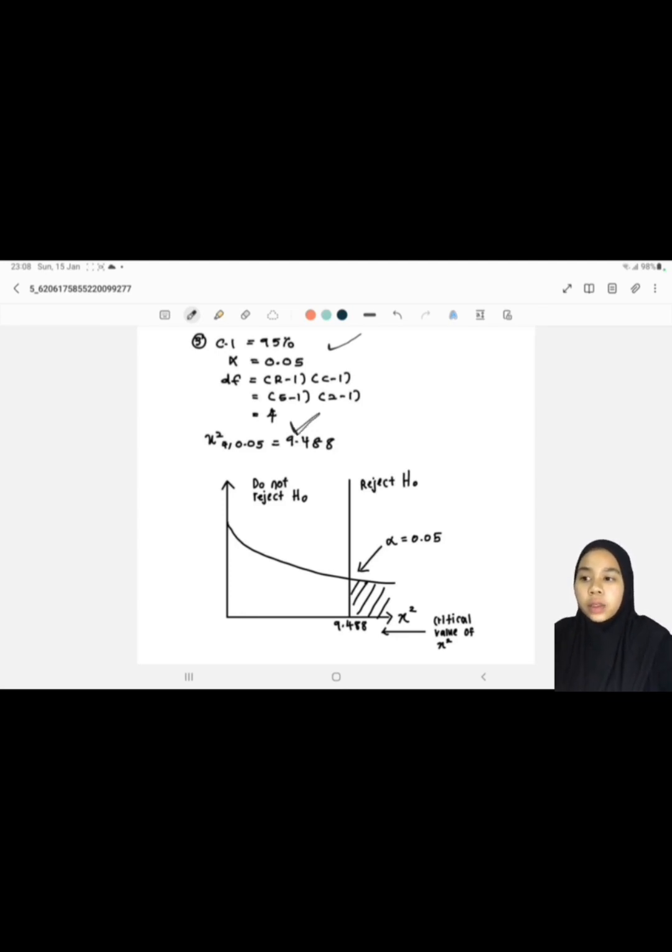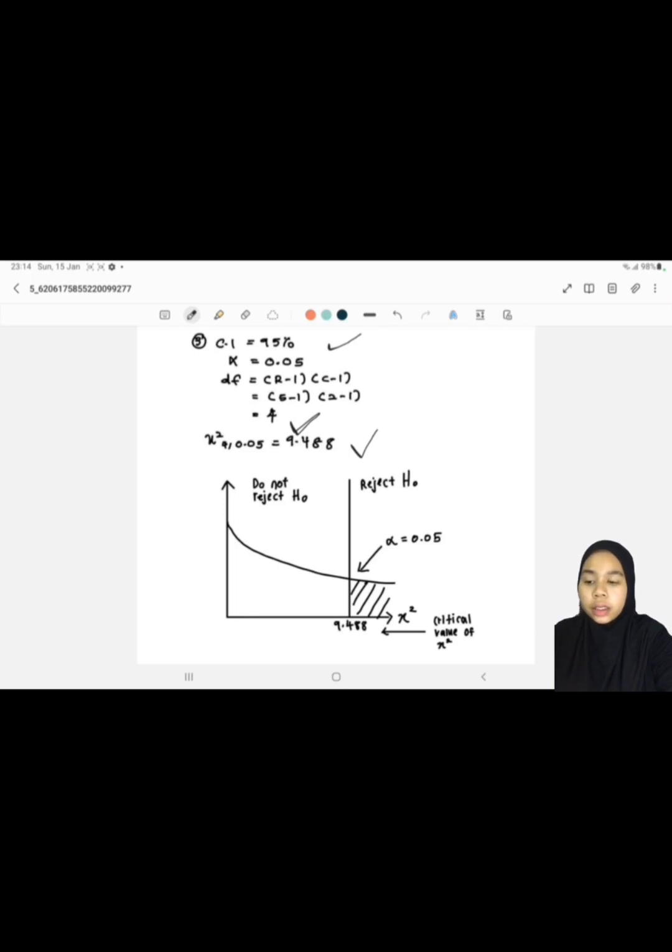After we find the value of alpha and degree of freedom, we need to refer to the chi-square distribution table to find the critical value. For chi-square, for 0.05, the critical value is 9.488.